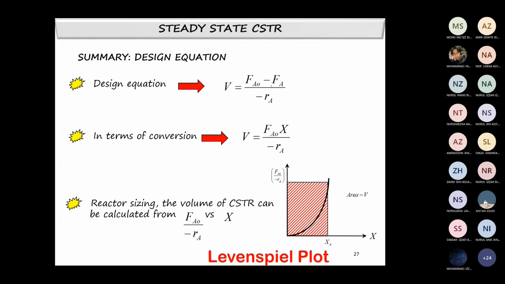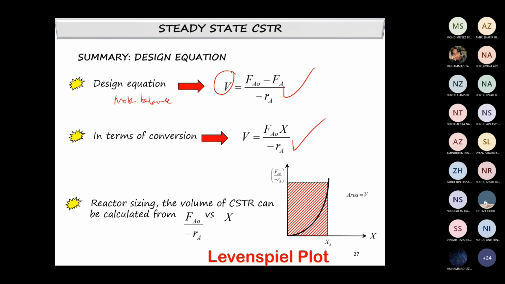Okay, so design equation. Remember, design equation must start from the mole balance. You rearrange to get the V. So in terms of the conversion, you should have this equation.